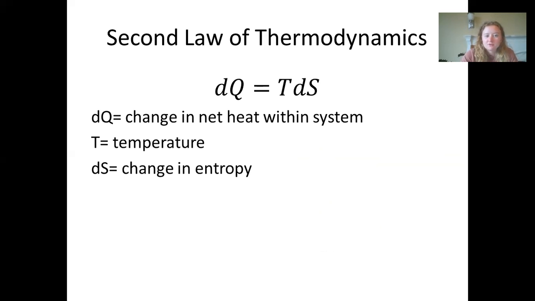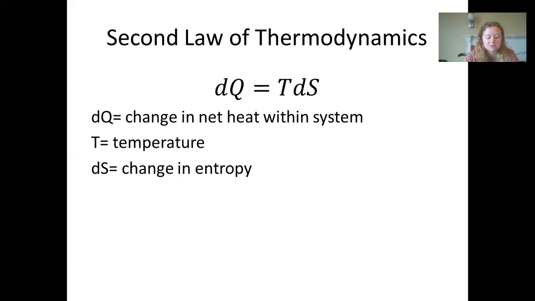Looking at the second law of thermodynamics, it states that the change in net heat within the system is equal to temperature multiplied by the change in entropy. In this case, the change in heat within the system is a change in heat both coming into the system, so the solar energy coming in, as well as the release of latent heat.